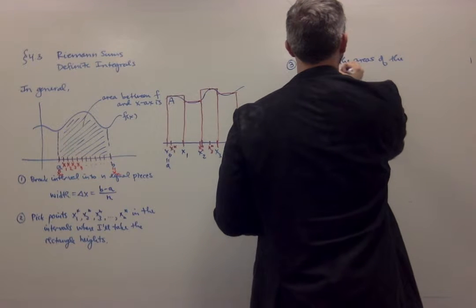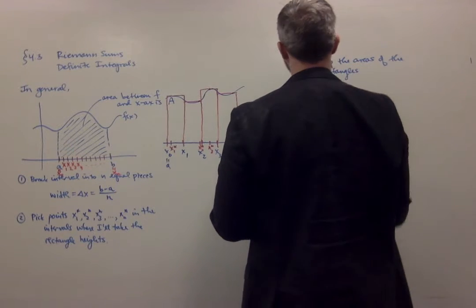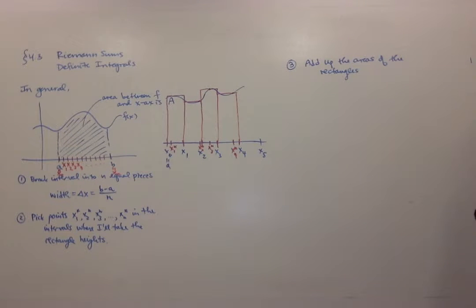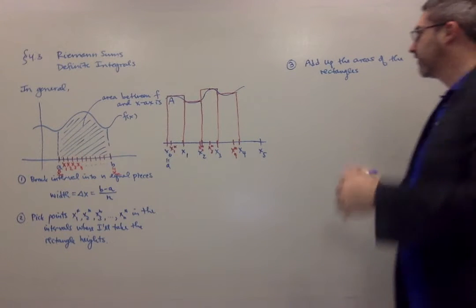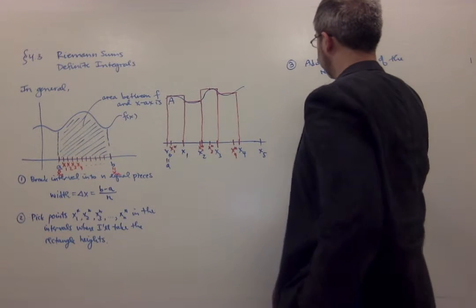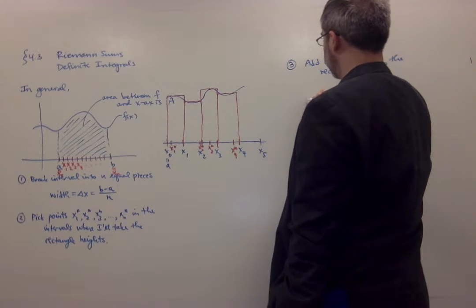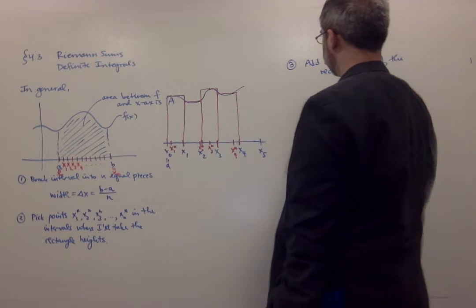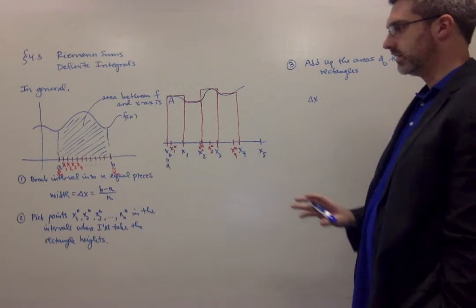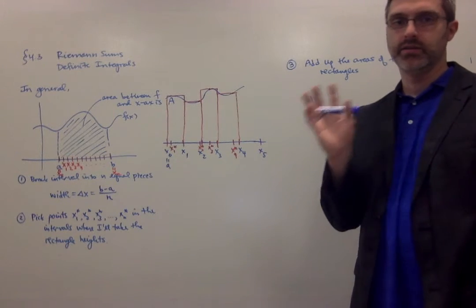Okay, now we're doing this in general, but I want you to see kind of where this comes from. So the first rectangle has width delta x, right? And I'm just going to leave it as delta x because I'm doing this in general and I don't want to make it super complicated.